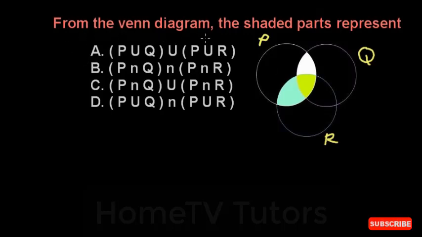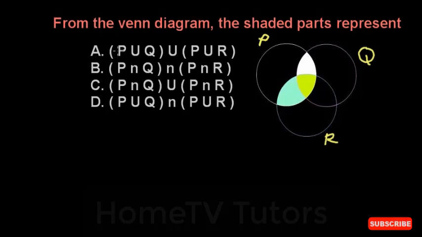From the Venn diagram, the shaded part represents one of these answer options: A, B, C, or D. Okay, let's start with the first answer option, P union Q. P union Q means that the whole circle of P, this empty space part, will be shaded as well.